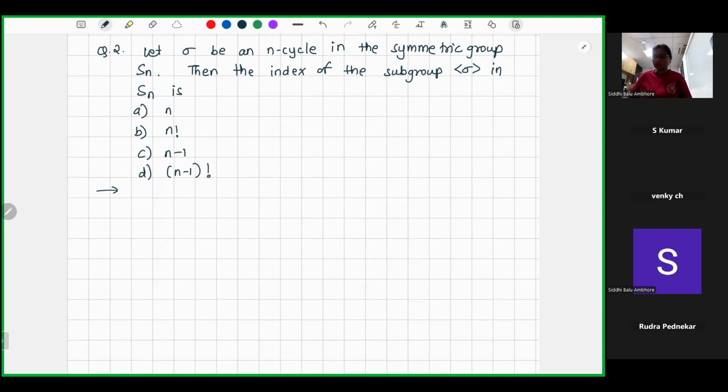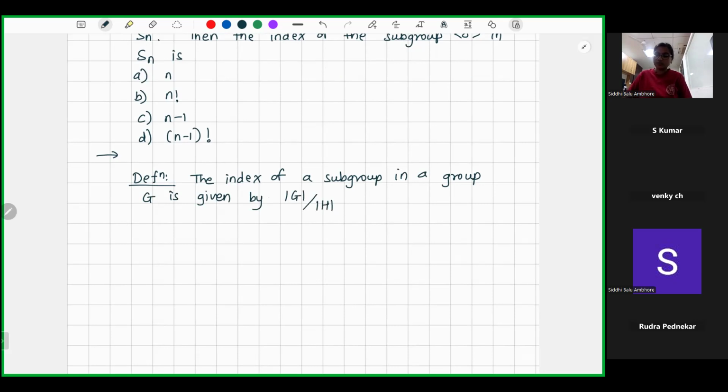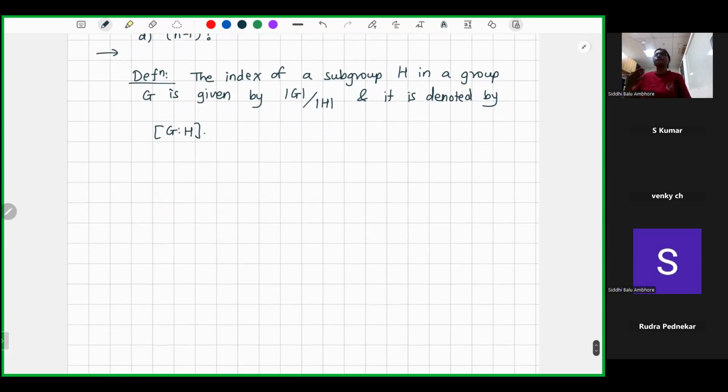So let us first understand what the index of a subgroup is. The index of a subgroup H in a group G is given by the cardinality of G divided by the cardinality of H, or order of G by order of H, and it is denoted by this square bracket [G : H], and this is also the number of cosets H has in G. So understand that.